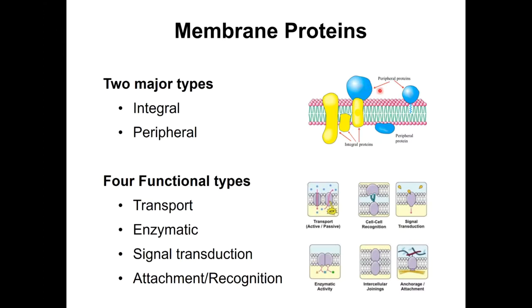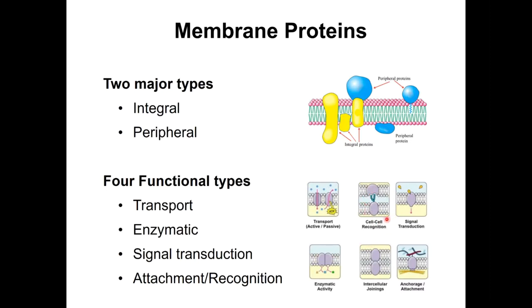Functionally, instead, the proteins that you can find in the cell membrane can have four different functions. They can be involved in the movement of material in and out, so they're called transport proteins. We'll talk about that in the next lecture. Or they can be involved in attachment or recognition of the cells.